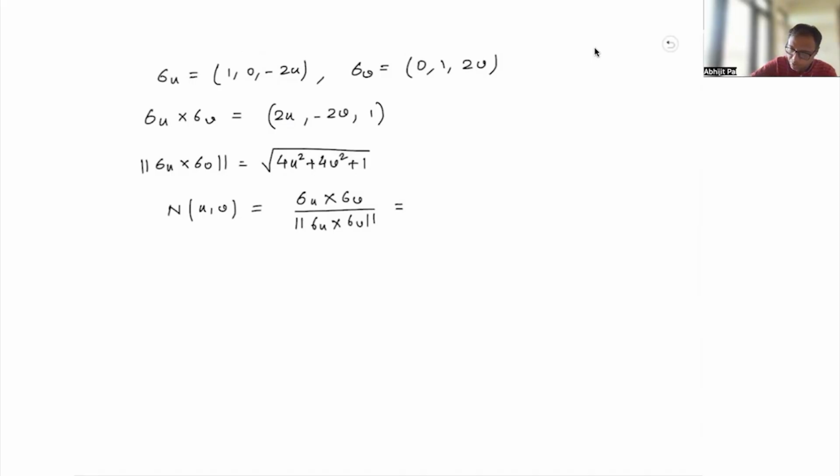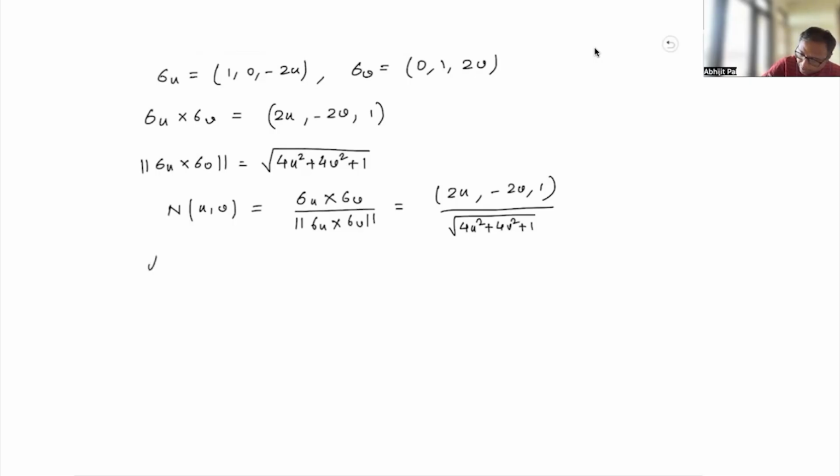So this is equal to (2u, 2v, 1) whole divided by root over 4u square plus 4v square plus 1. Okay. So now we need to compute the derivative of this map, or differential of this n.